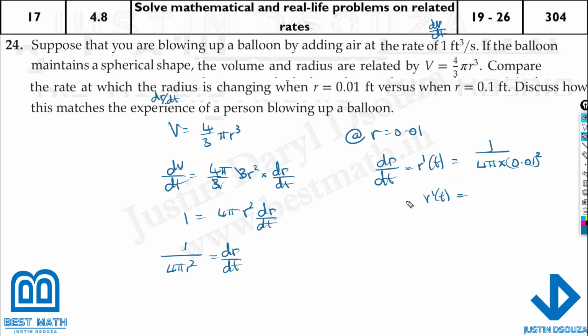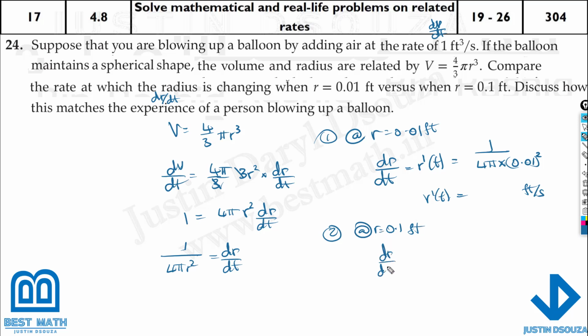You can directly find it over here. And the second case, at r equals 0.1. It's in terms of feet, so it'll be feet per second here. Whatever the answer is there, it'll be feet per second. Remember, the units are important and it's writing exam, so please make sure you write the units.